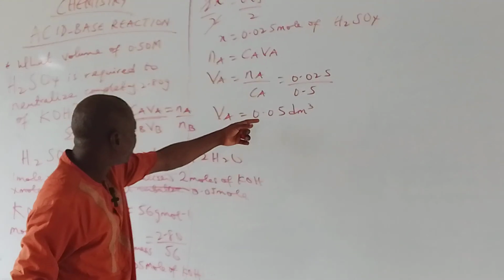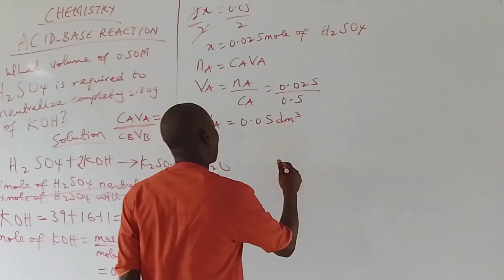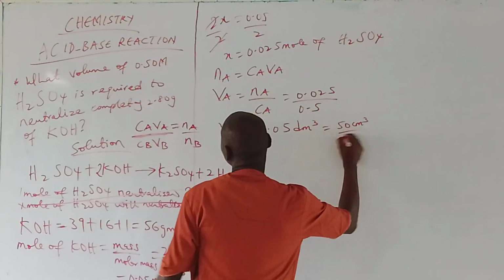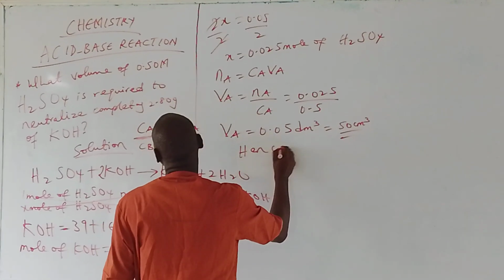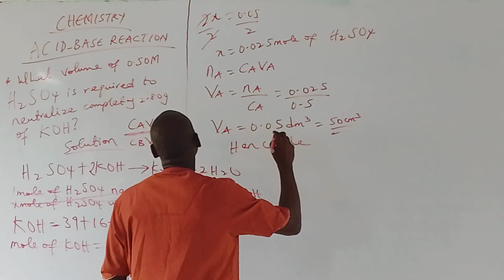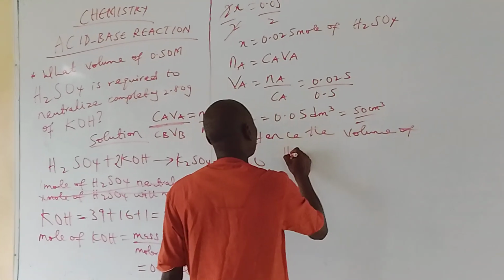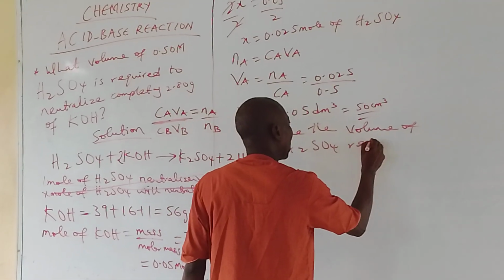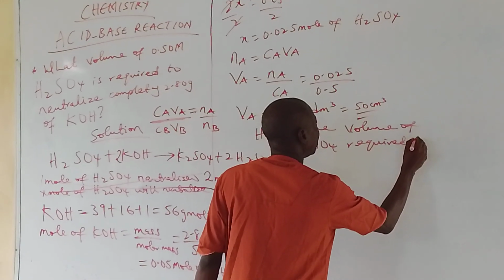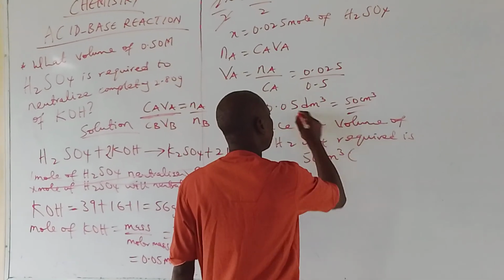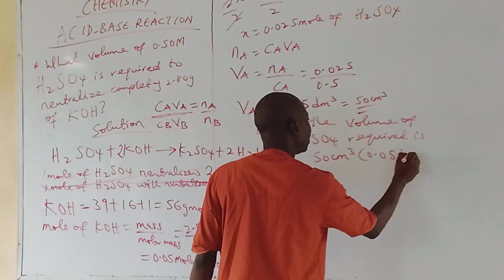If I want to convert this to cm cubed, I just multiply by 1000. That gives me 50 cm cubed. So hence, the volume of H2SO4 required is 50 cm cubed, which is also 0.05 dm cubed.